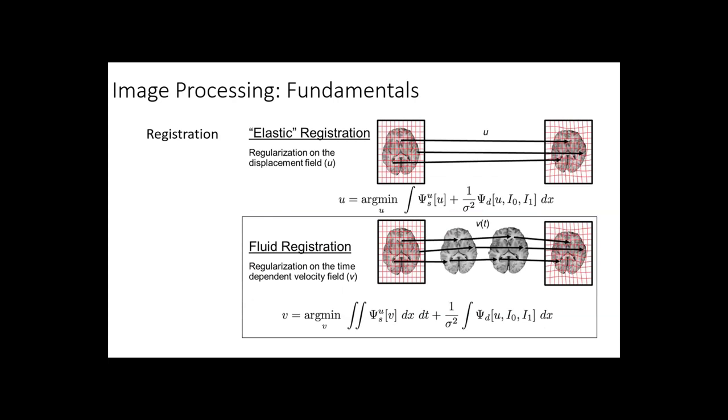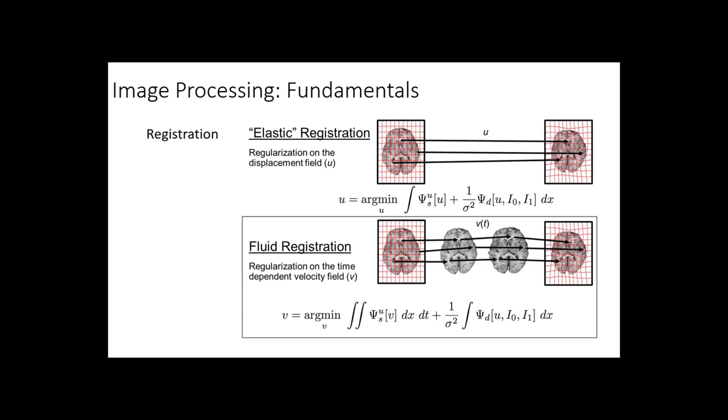Okay. So the registration is basically going to minimize this objective function. Basically we are looking for a deformation U. That deformation U, if we apply it to the fixed image, will make it look similar to my moving image.